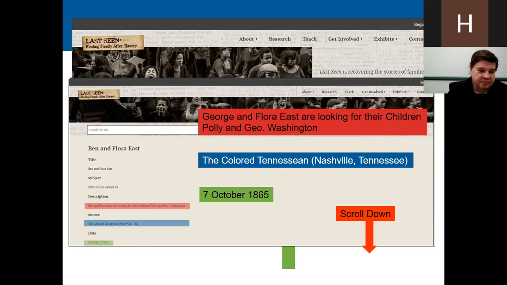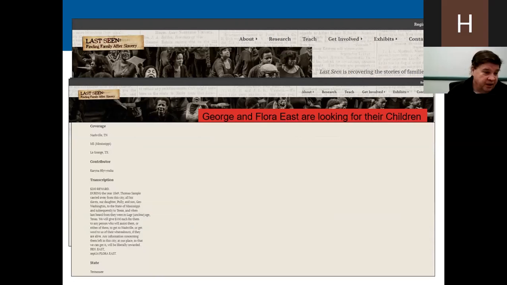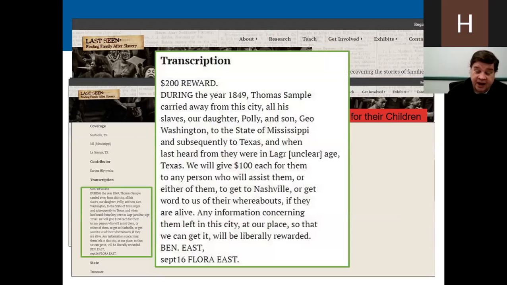And if we scroll down the page, we'll get more information. This is a transcript of what the ad says. So offering a $200 reward. This is during the year 1849, Thomas Sample carried away from this city all his slaves, our daughter Polly and our son George Washington, to the state of Mississippi and subsequently to Texas.